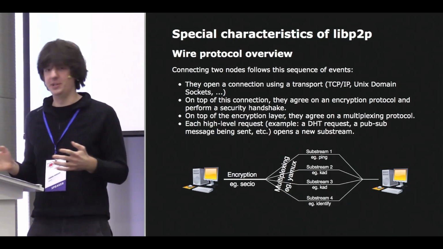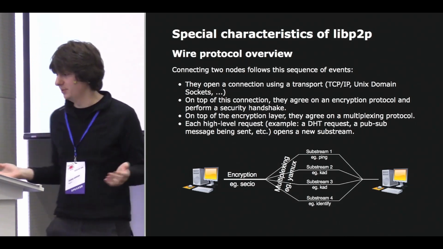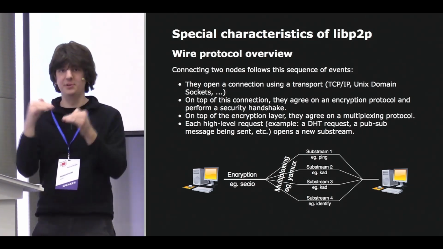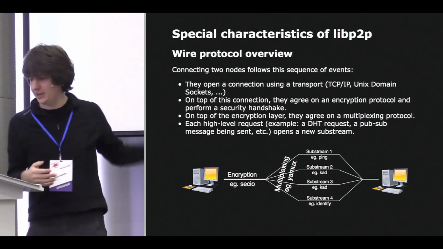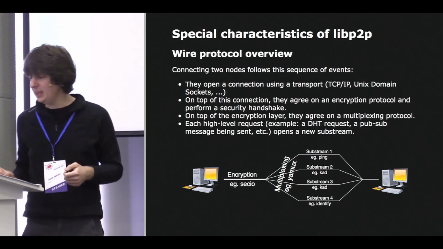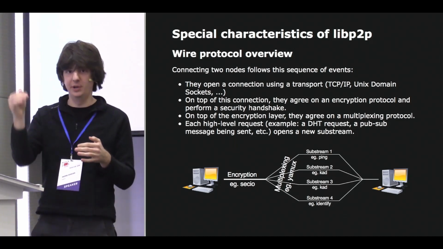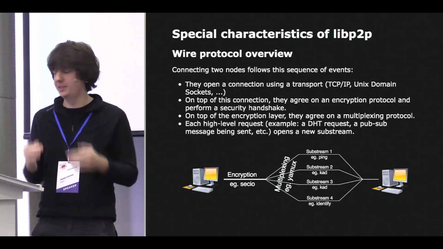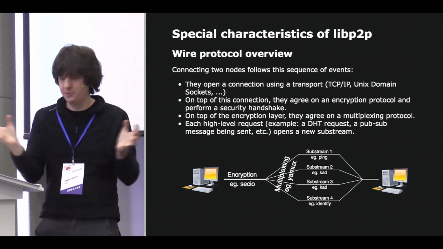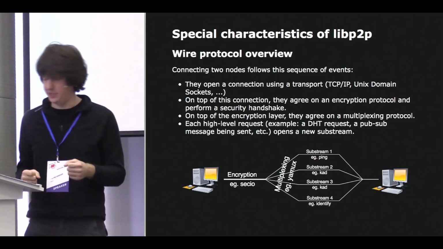On top of this encryption layer, we're using a multiplexing protocol so that you can divide your connection into multiple substreams, as you can see on the schema. And then once you have negotiated this, you can open as many requests as you want. Each request is a different substream, and they are all grouped together with a multiplexing protocol.